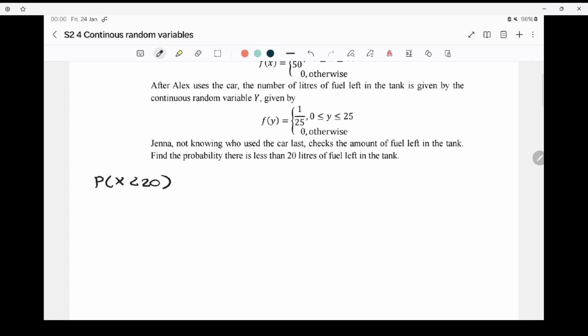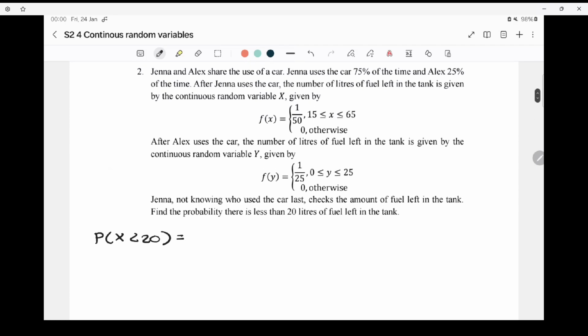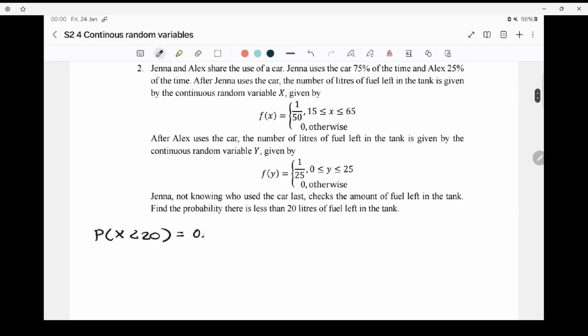So then you have two chances. The first one is if, let's say, Jenna is using it, 0.75, then you would need to integrate from 15 to 20, 1 over 50 dx. So this is the first part.